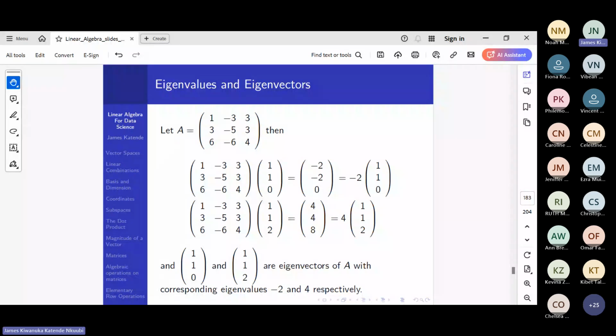So this gives you a rough idea of eigenvectors and eigenvalues. So the next step is to figure out how do we compute them. Is that making sense?